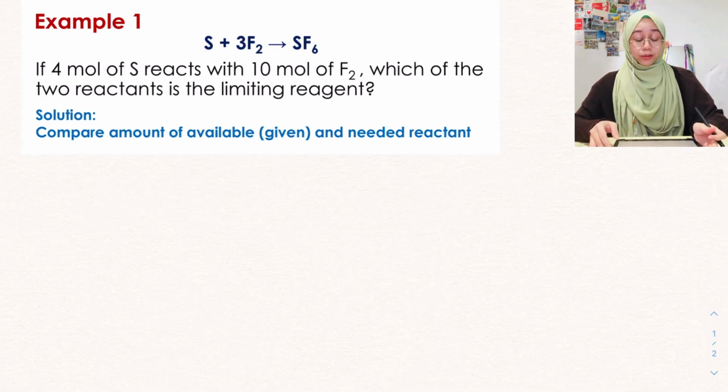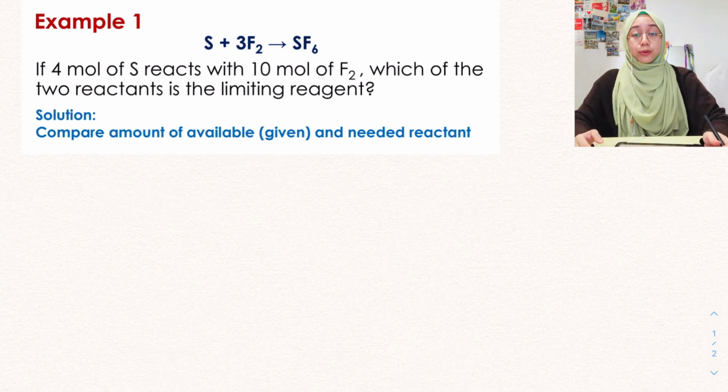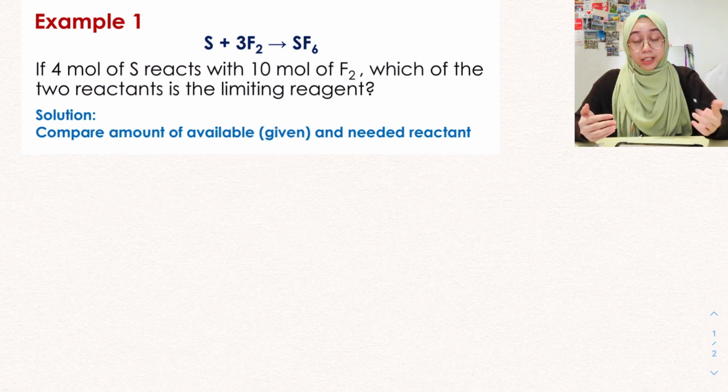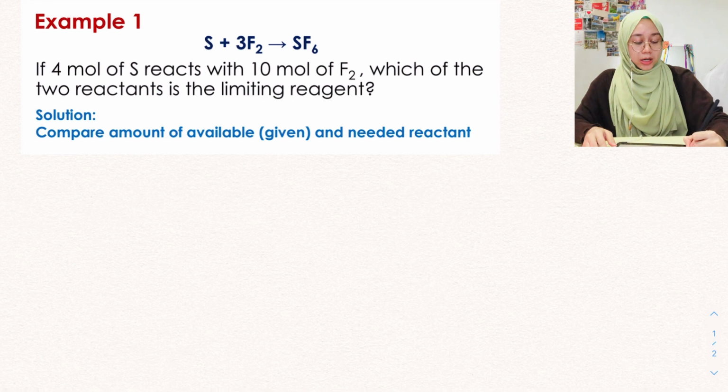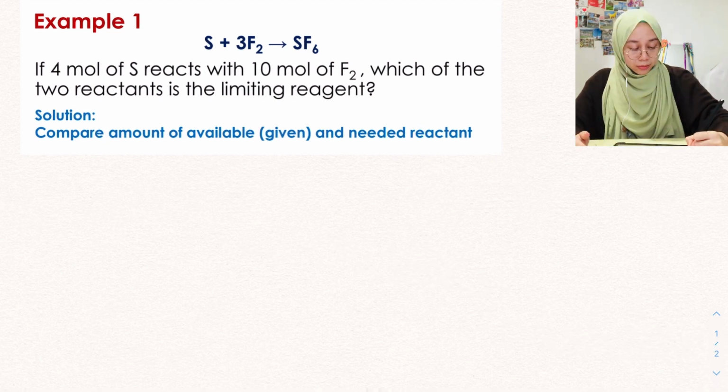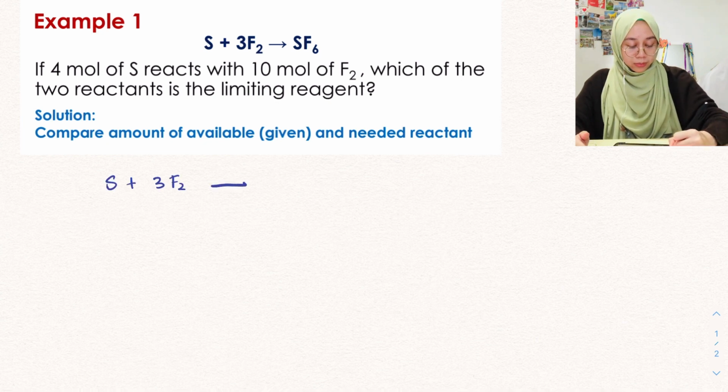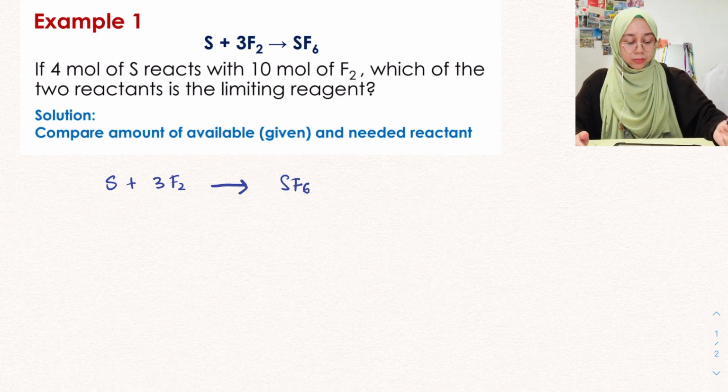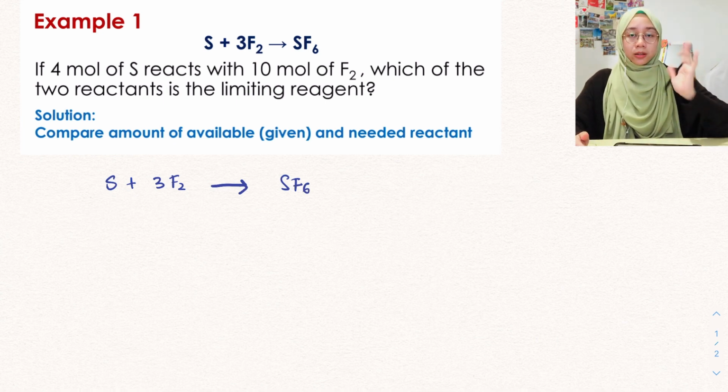Okay, so first of all, what you have to do is to extract out all the information given to you. Okay, so sorry, misalkan salin balik di equation. Okay, so now kita keluarkan information.